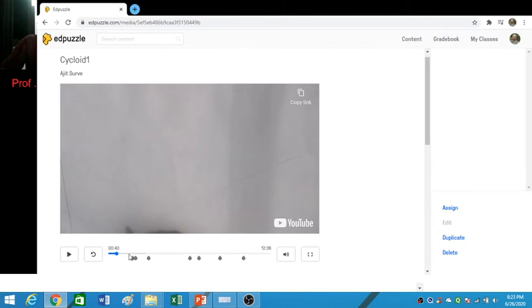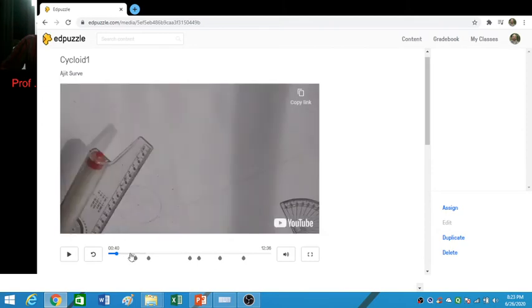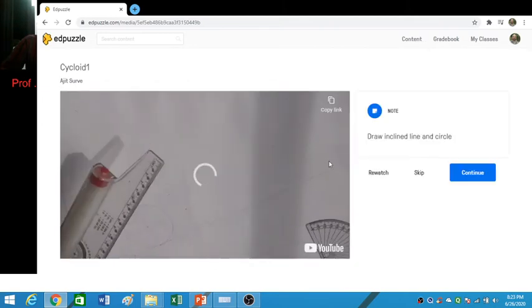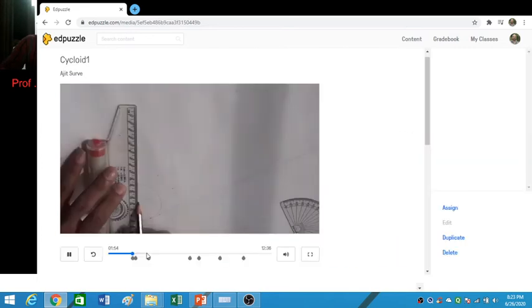So here at this point it is given that draw the inclined line and a circle. Yes, so you have to draw the inclined line and a circle, the first step. Next one is divide the circle and show the center positions like this one. So this is what the things are going on.